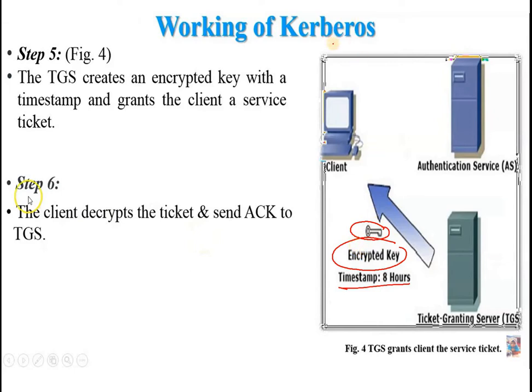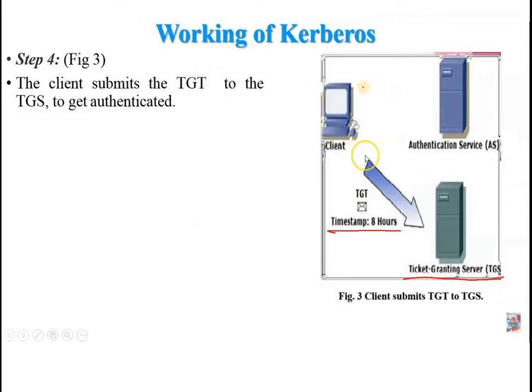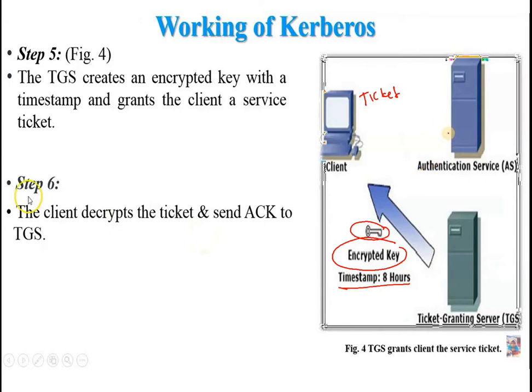When the client receives that encrypted key, the client decrypts the ticket, because the client has the ticket here. You can see the TGT, the ticket granting ticket, is present with the client, and that ticket is decrypted by this key which has been sent by the ticket granting server. Once it decrypts that ticket, it sends the acknowledgement to the TGS.